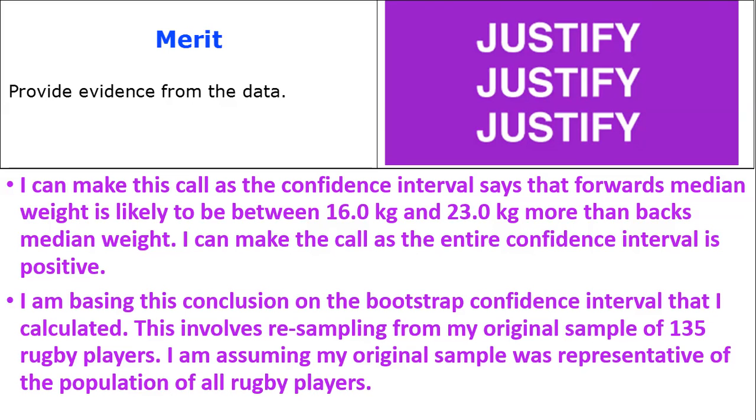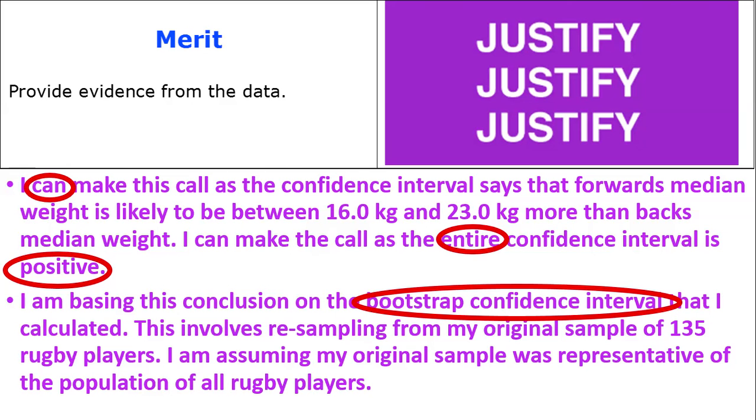Merit: we want to be able to give our evidence. So we're saying, why can we make the call? And this is when we go and look at our confidence interval, and we can make the call because the confidence interval is between 16 and 23, and the entire confidence interval is positive. Okay, that's our justification.